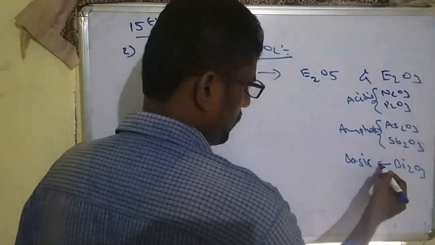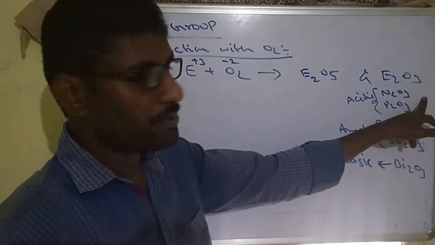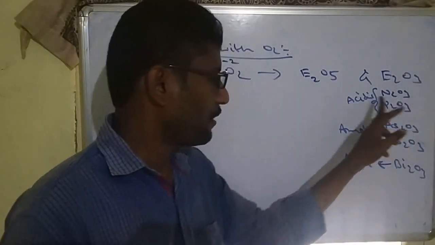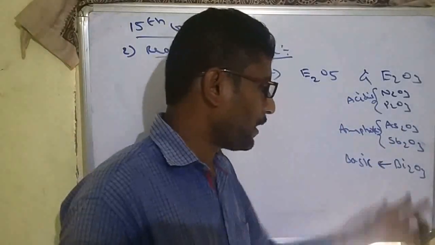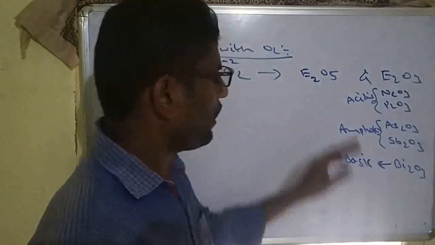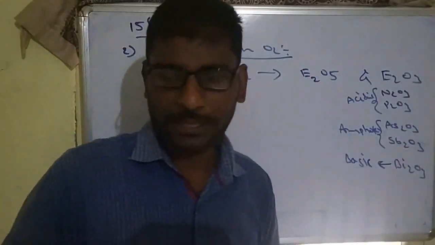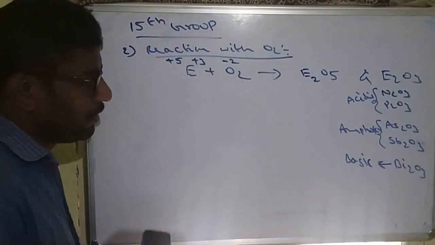This is important. Nitrogen and phosphorus trioxides will be acidic, arsenic and antimony oxides are amphoteric, bismuth oxide is basic. But in pentoxides mostly all are acidic in nature. So this is about oxides.